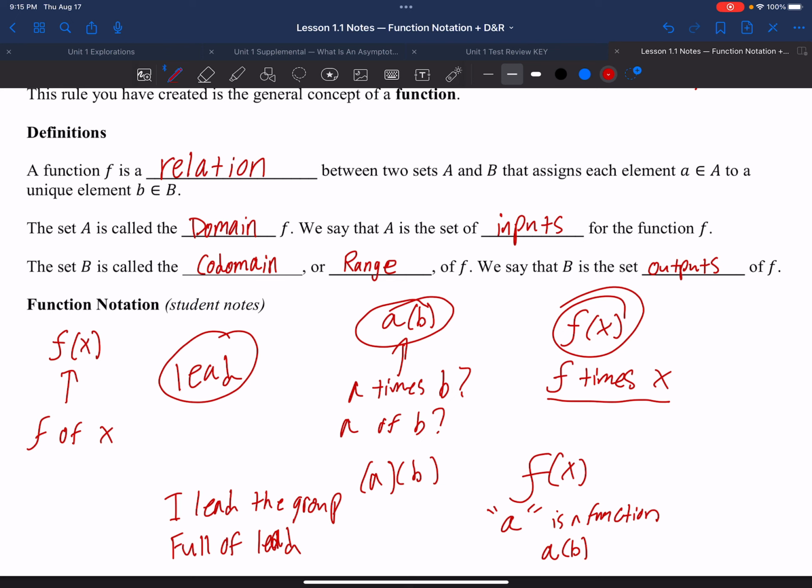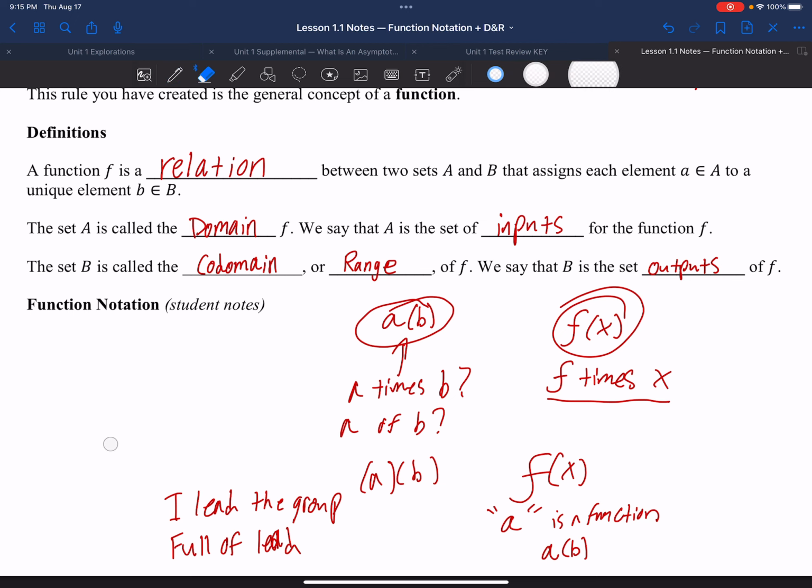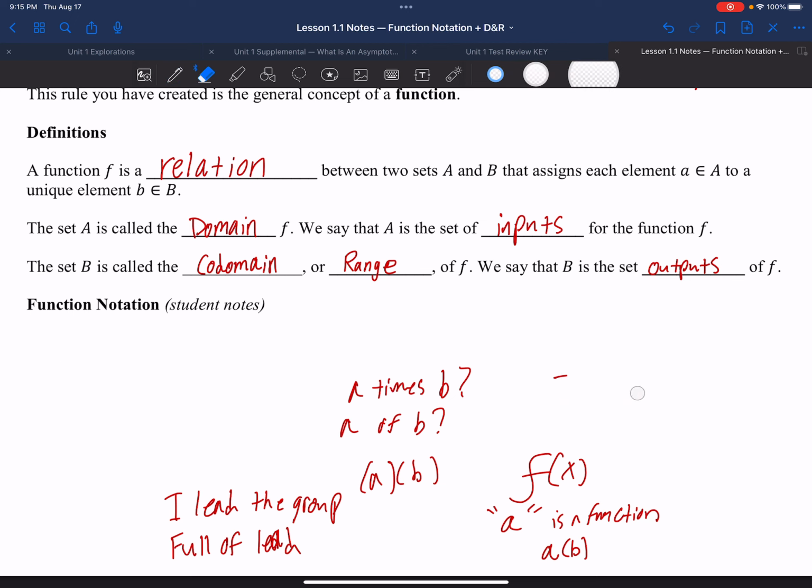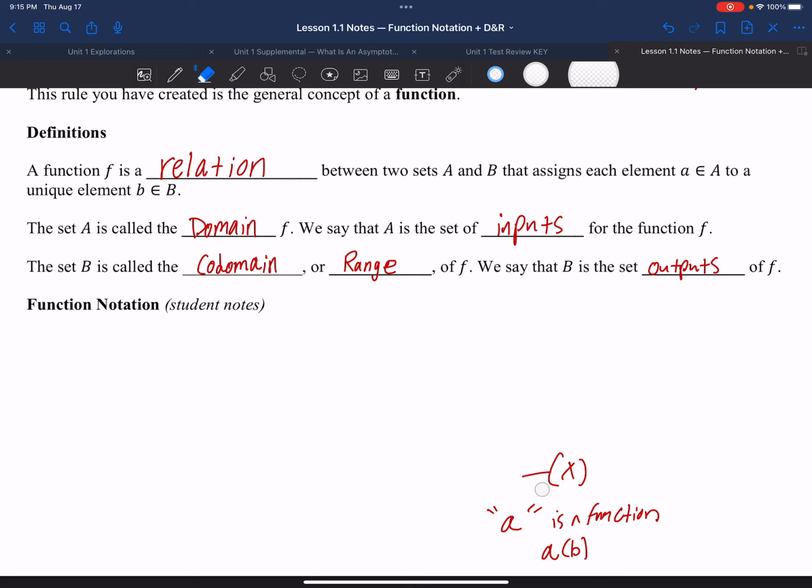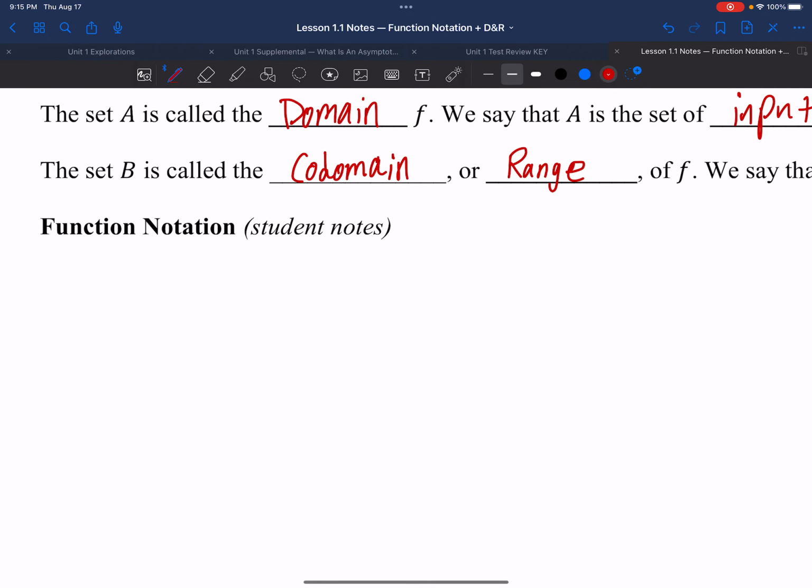So the thing about function notation is we're always going to establish that that's a function. You're always going to be given a question, a problem, or something like that. It's going to state it. It's going to say something like, let f be a function, or define f of x to be this relationship. Anyway, so function notation, I just wanted to clear that up.